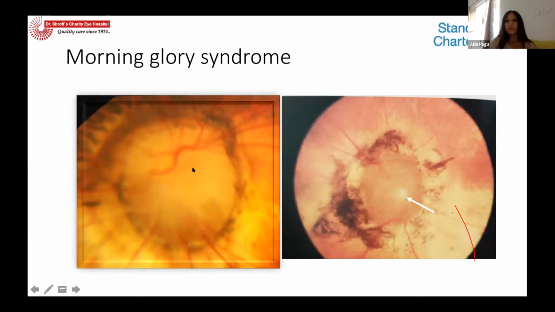Morning glory syndrome is typical in itself. Like here, it's not the optic disc. Actually, the optic disc is submerged into this excavation. And you can see these blood vessels radiating from the optic disc, and you can get some glial proliferation and pigmentary problems.